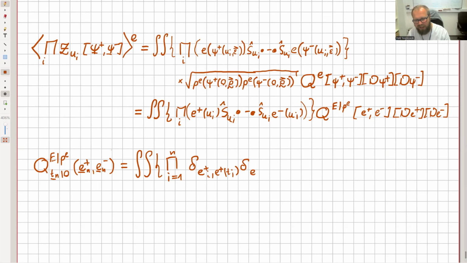So I'm constraining the by trajectory E to specific values at specific points in time.